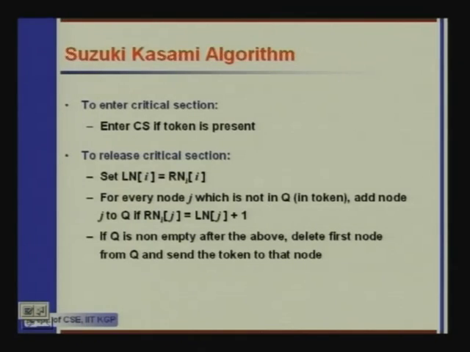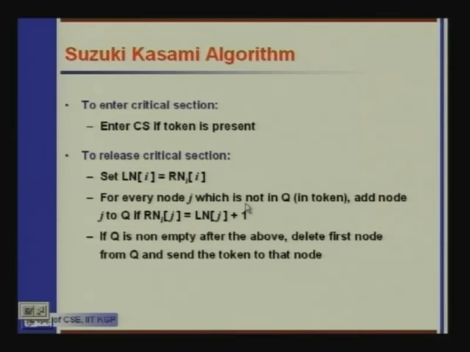Token is maintaining a queue of pending requests. Now, when I was executing the critical section, there can have been some requests that have arrived. These have to be updated in the token. So, for every node j which is not in the queue, we add the node j to the queue only if it is a new request.